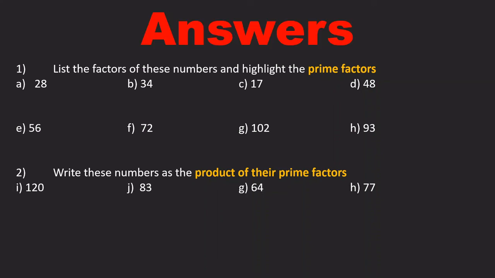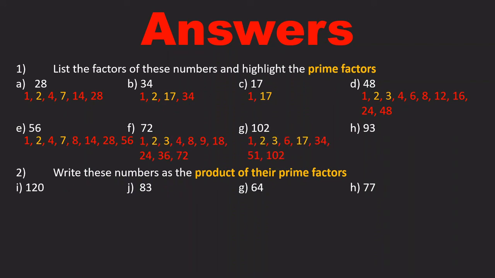For question 1, and for question 2 with our trees, 120 should be the same as 2 to the power of 3 times 5. 83, splitting that down to its prime factors, it is a prime number.